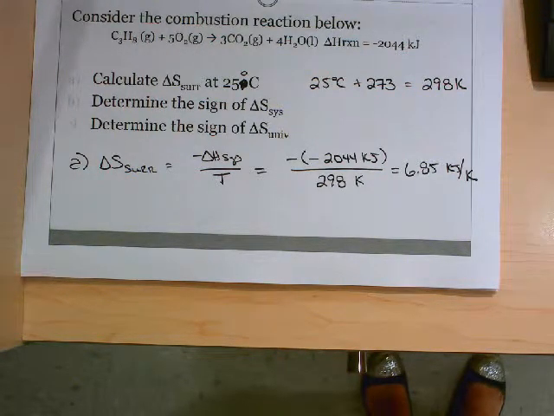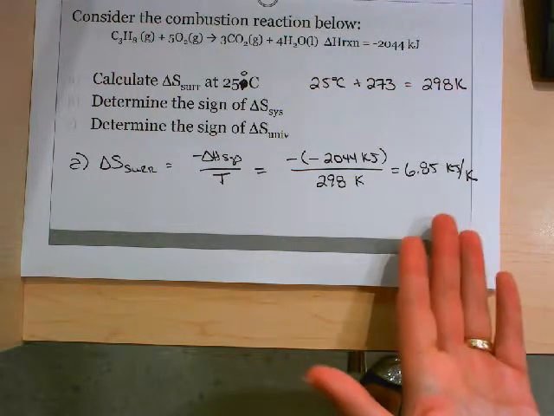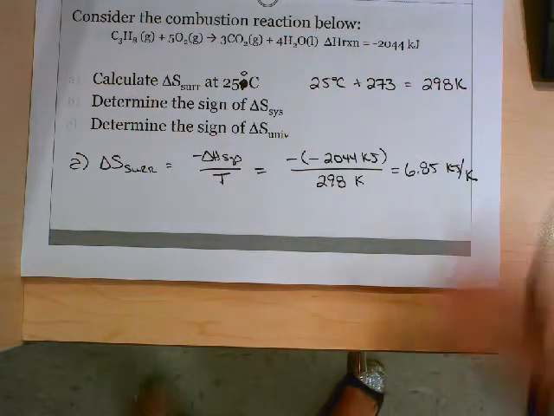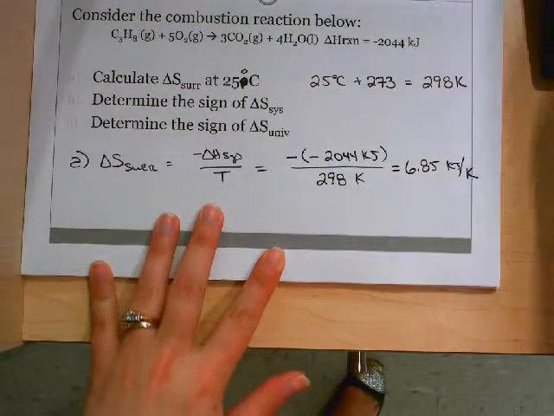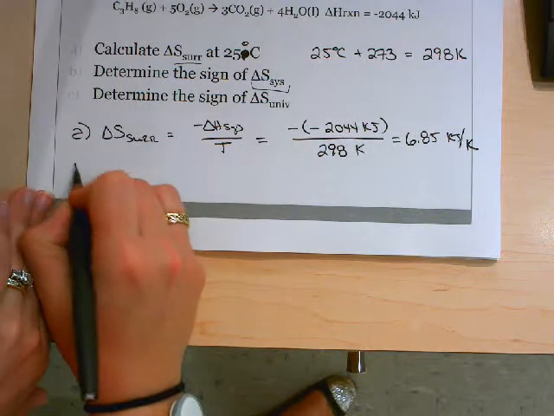Is the delta S surroundings increasing or decreasing in entropy? Increasing, right? It's a positive value, so it's becoming more entropic. More entropy. Alright, so that's delta S surroundings. Now delta S of the system.